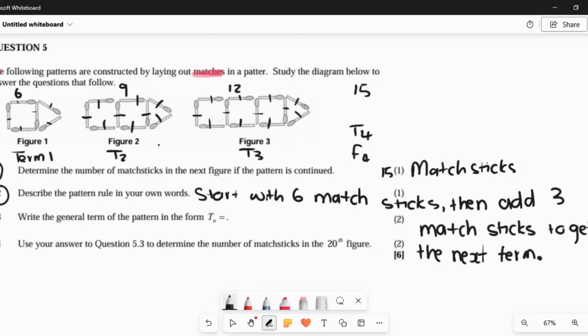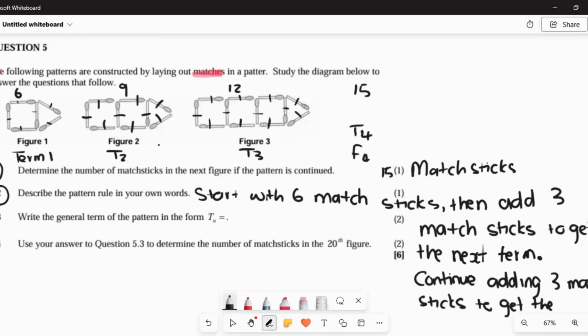And then what do we do? Then we continue. Then continue adding 3 match sticks to get the next figure.